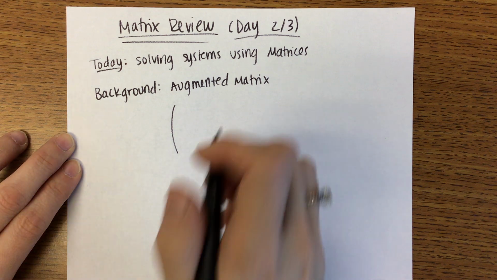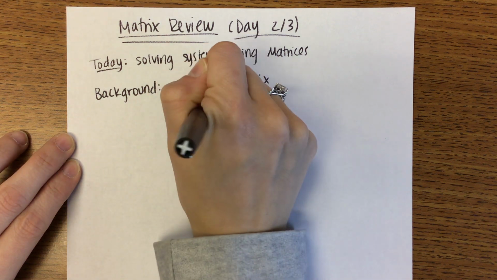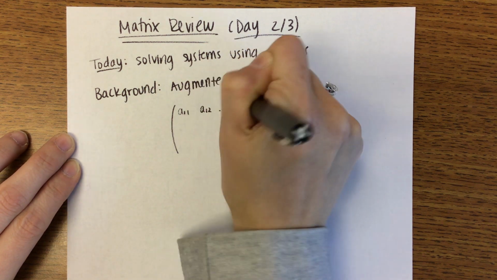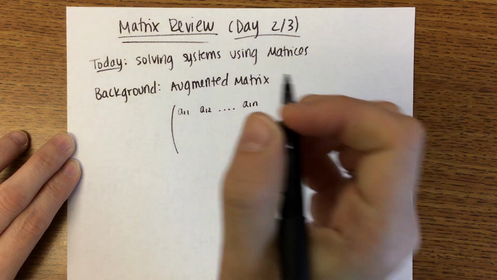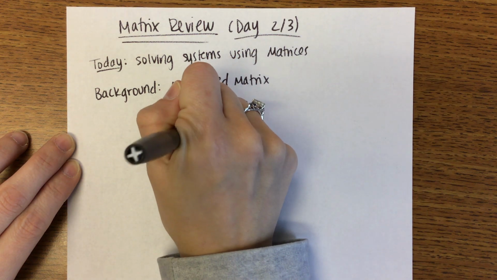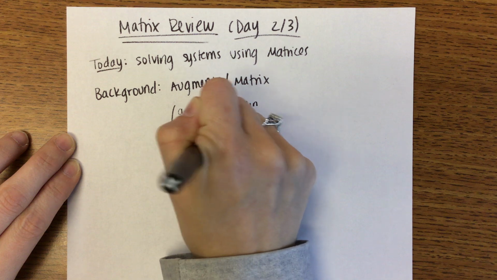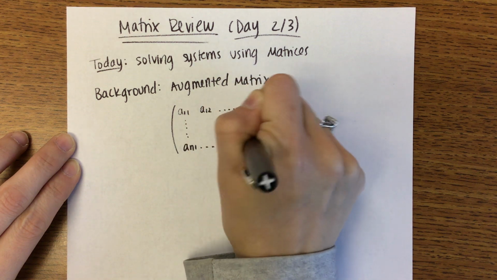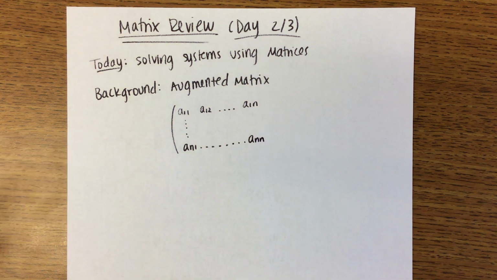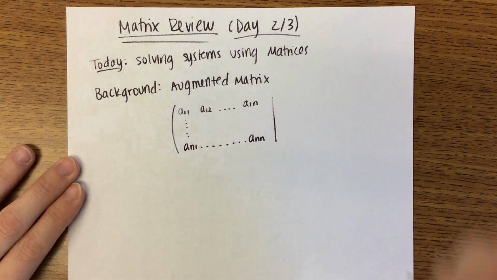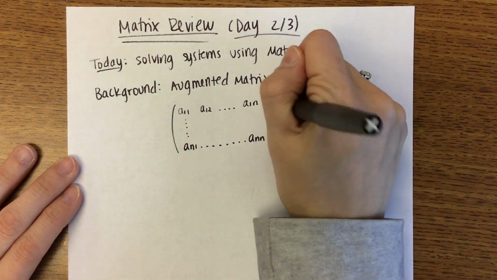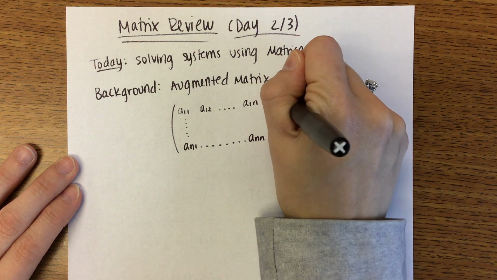So here's the general form of an augmented matrix. You have the matrix that we had yesterday, just a general n by n, rather. So you have a square matrix. You augment that with another matrix. So this is an n by 1.